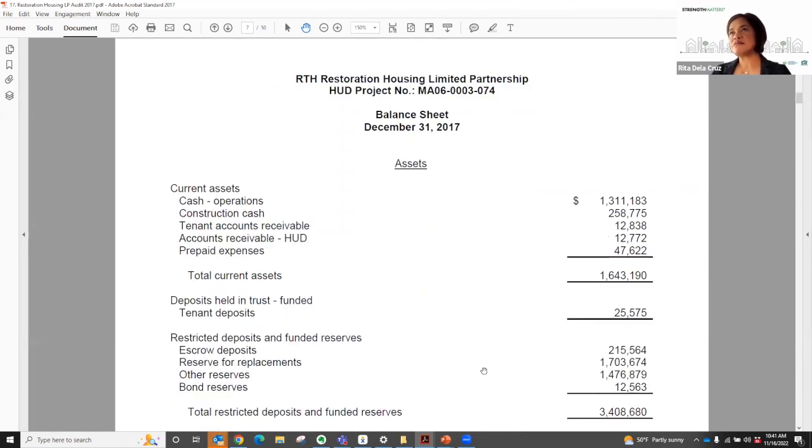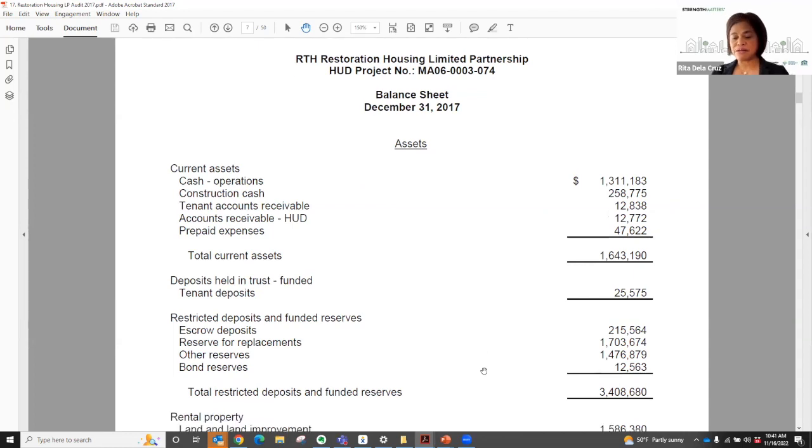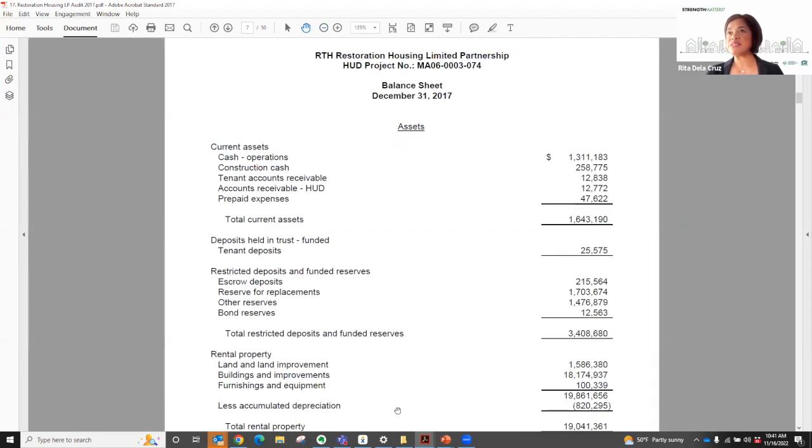But some other financial statements follow the real estate format, and the real estate format starts with the rental property. So you see rental property here towards the end because it's based on order of liquidity. But in a real property format, they start the balance sheet with the rental property, the first line item.